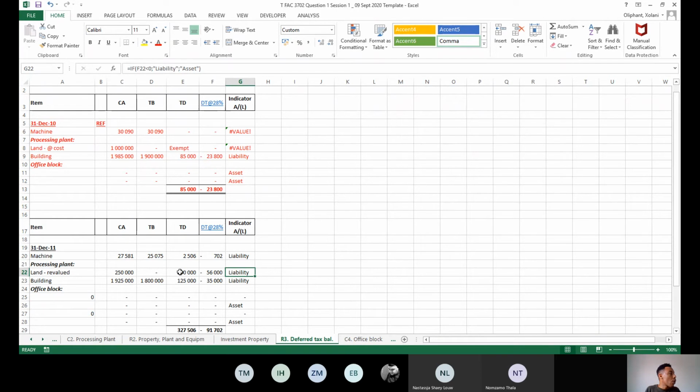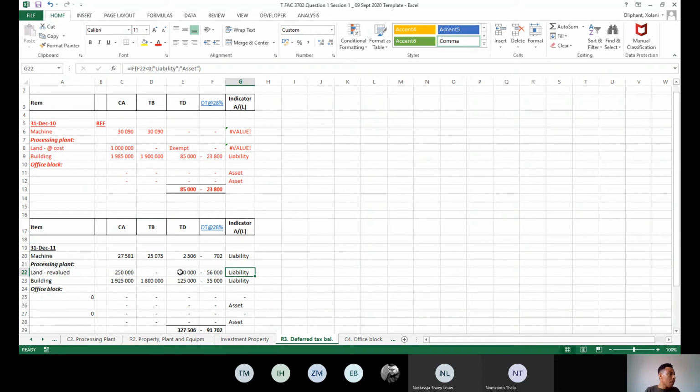But now remember what's key: at what rate do we need to account for our temporary differences? Do we account for it at 28%, or do we need to include the inclusion rate of CGT at 80%?